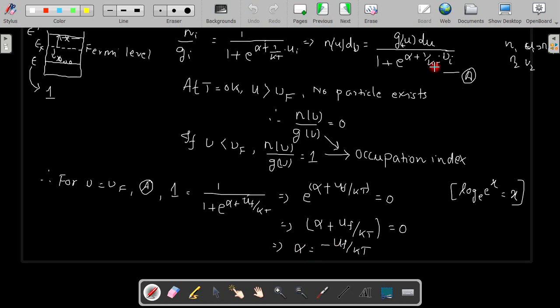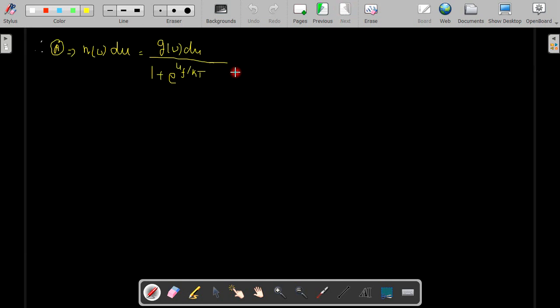So it is minus uf by kT plus u by kT. We can simply write it down as Gu du divided by 1 plus e to the power u minus uf divided by kT. This is my result.